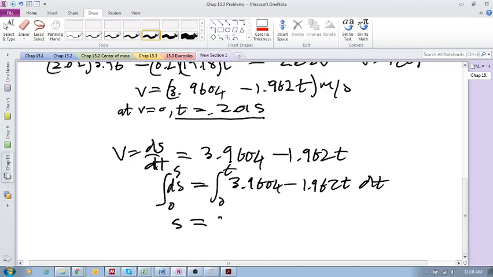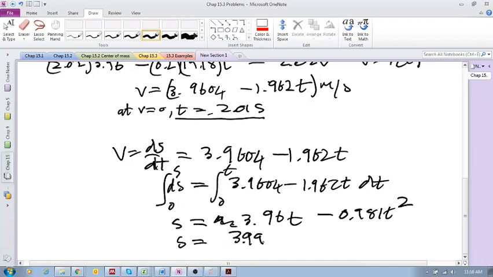Remember guys, we want these functions. This is 3.96 t minus 0.981 t squared, and we put this time, 2.01, in there, and we get our total distance, which is roughly 3.99 meters or 4 meters.